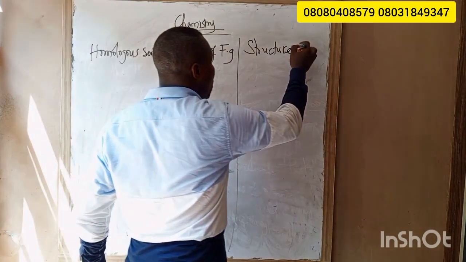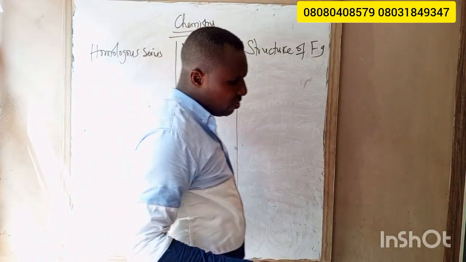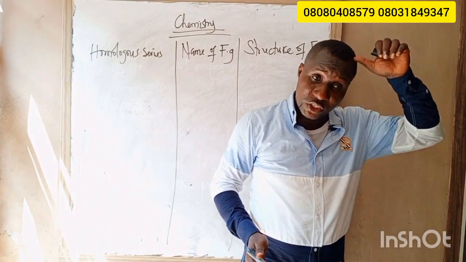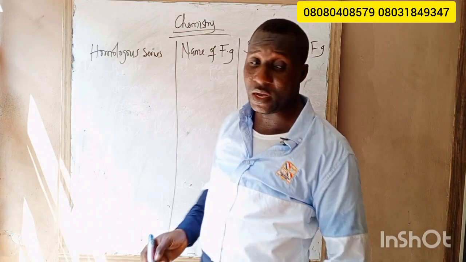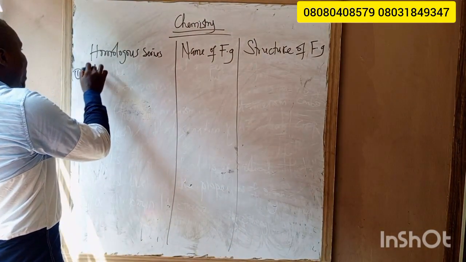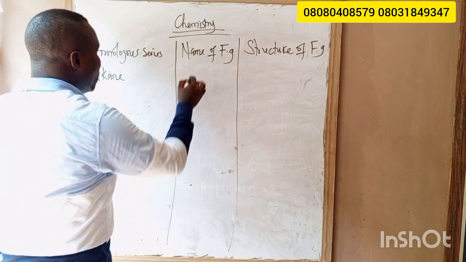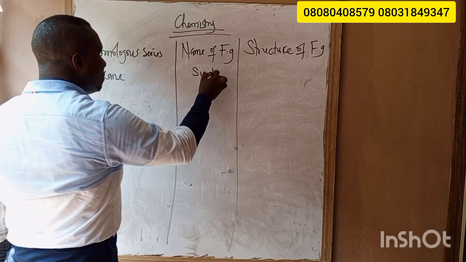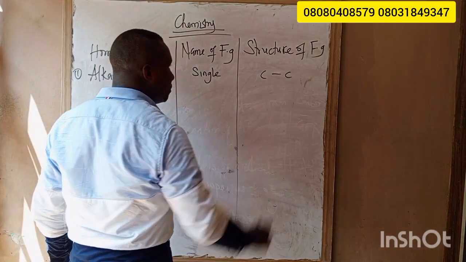I don't need to give you the general formula, because we still talk on them one after the other. The first one, number one, alkane. Alkane has a single bond between the carbon-carbon atoms. The name, single bond. That is this.